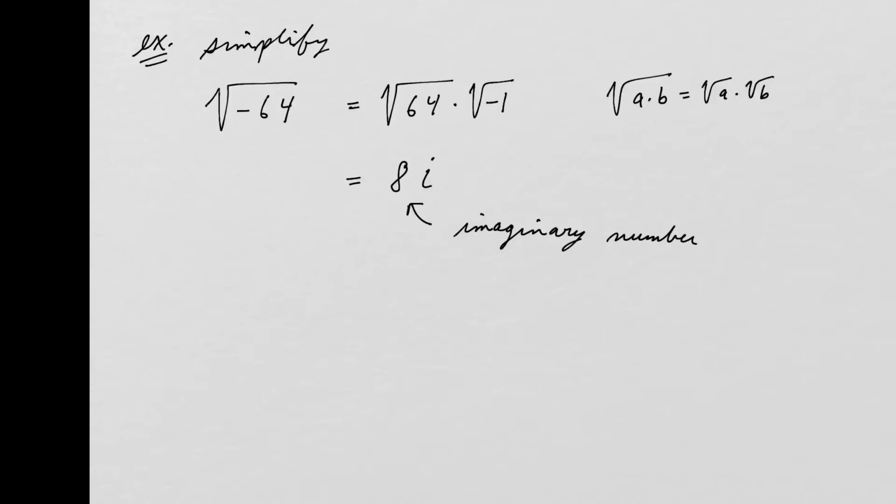All right, so what is a complex number? Well, a complex number basically is the sum of a real number part and an imaginary part. So it's the sum of a real number and an imaginary number.